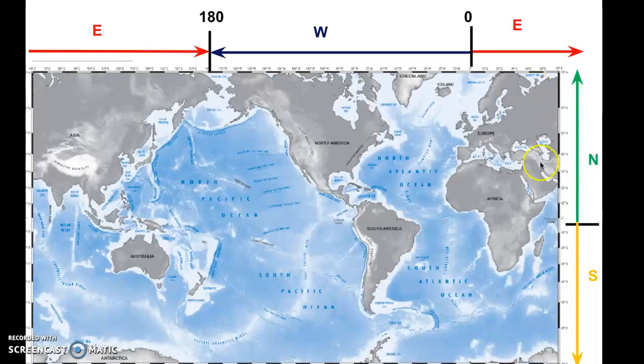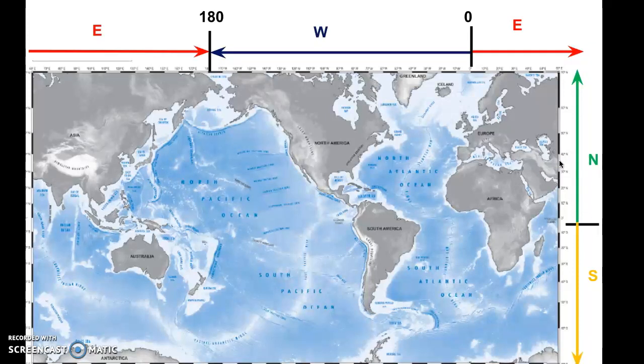Okay, so over here, I know that it's going to be on the upper hemisphere of my map, so 36.3. Now you really aren't going to be able to be as accurate as the 0.3, so you can just round it to 36. So right here, this is 0, 10, 20, 30. So 36 is going to be somewhere a little over halfway, right where my cursor is, 36 north.